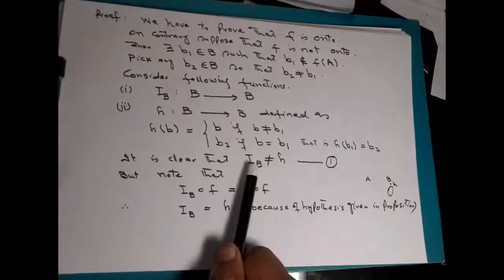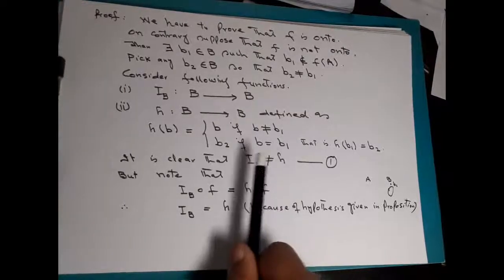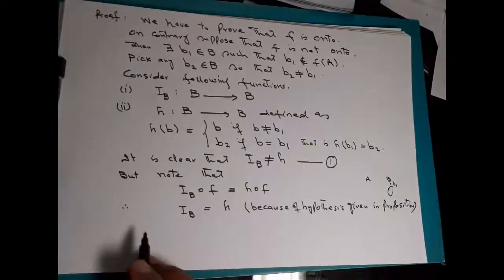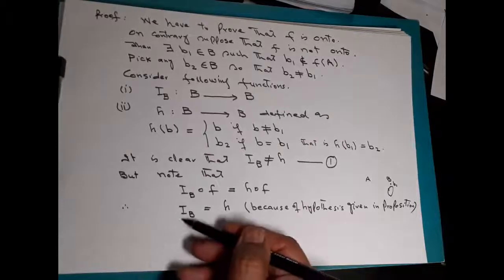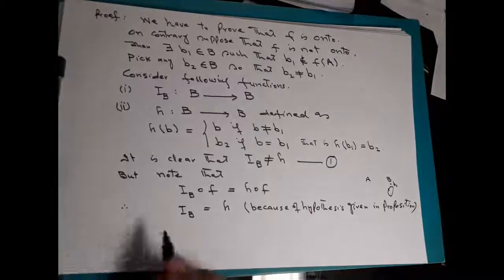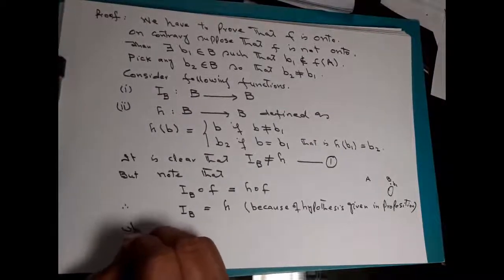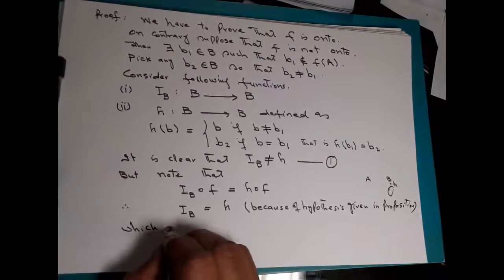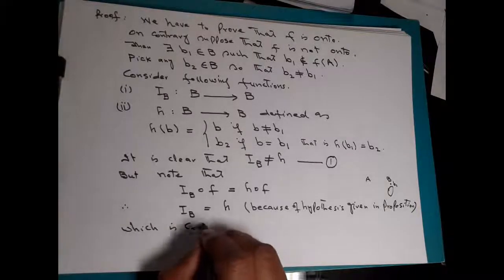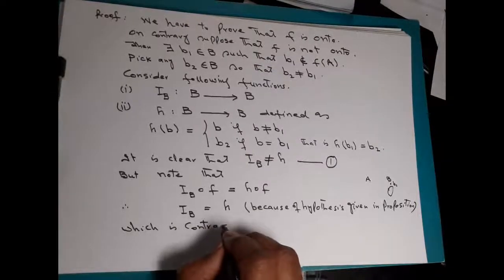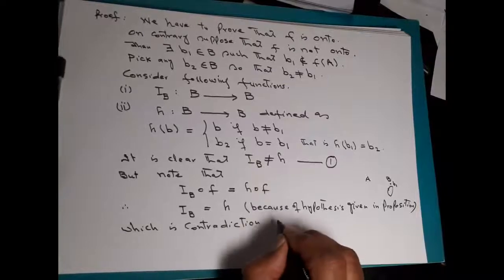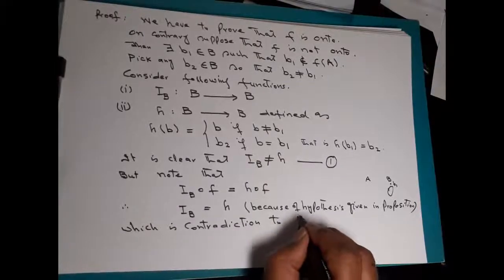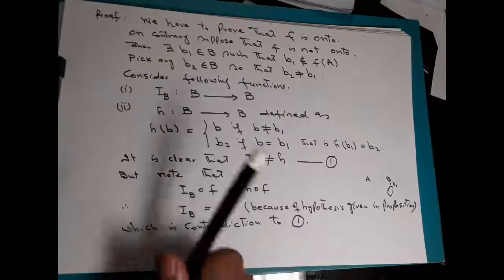In one, identity on B is not equal to h because they are different on b1. But doing this thing, we see that identity is equal to h. So which is a contradiction? Which is a contradiction to 1. And therefore our supposition is wrong.